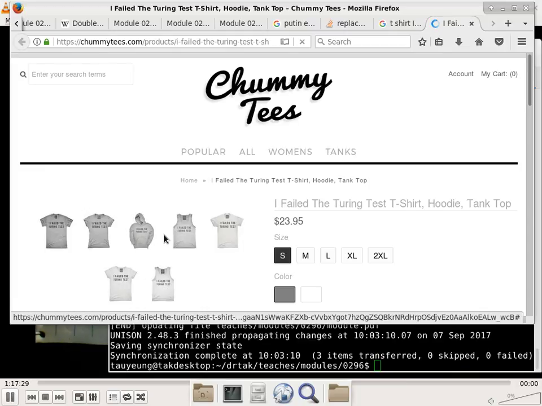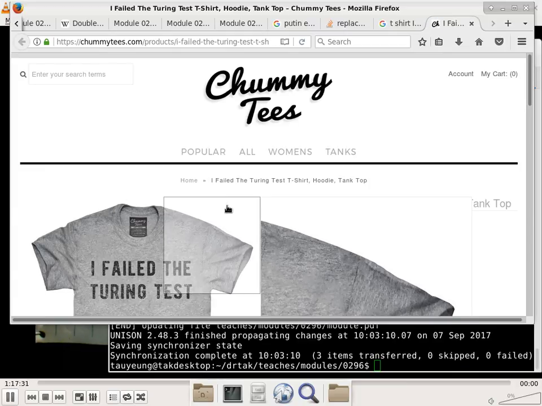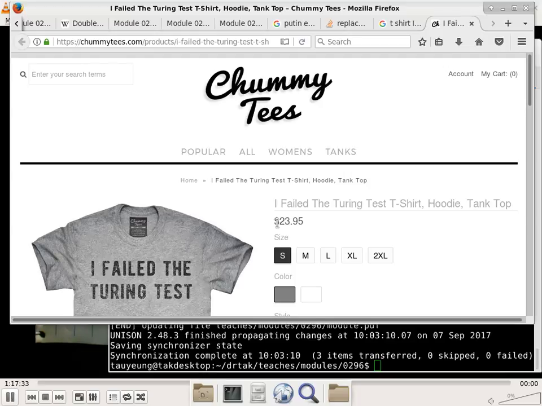I want to get myself one of these. When you fail it, that means you're like a robot, right? That means I'm less human than an AI. Yes. Or at least on the outside, I seem to behave less human than an AI.